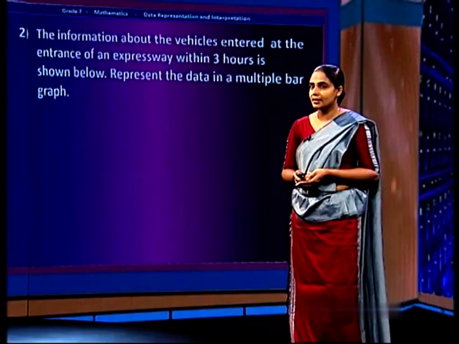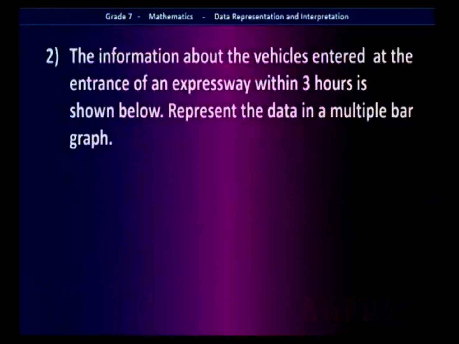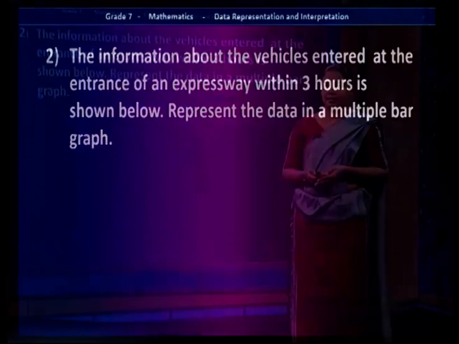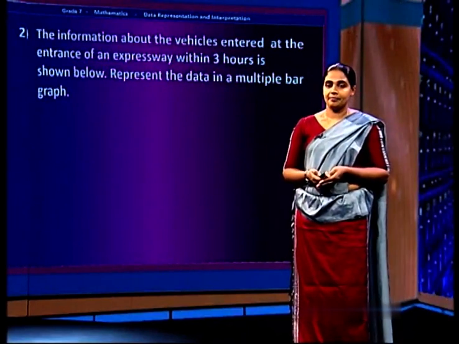Next question. Let's read what it is. Now you can read the question. The information about the vehicles entered at the entrance of an expressway within 3 hours is shown below. Represent the data in a multiple bar graph. Now you have to draw a multiple bar graph.